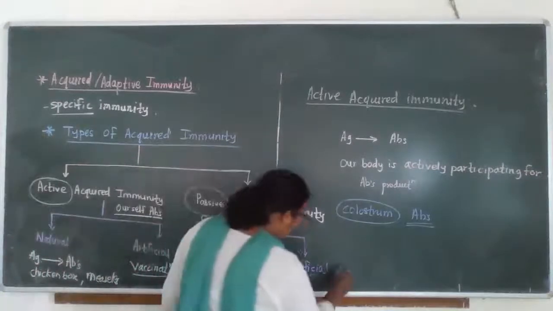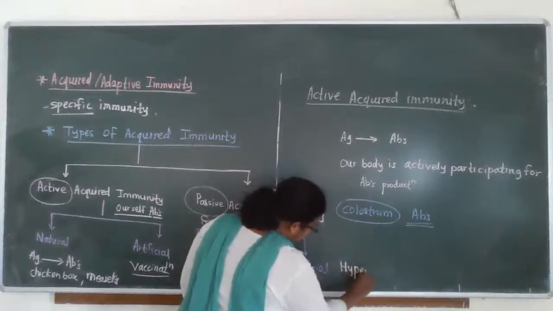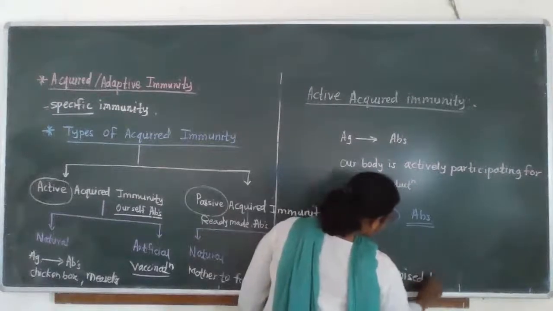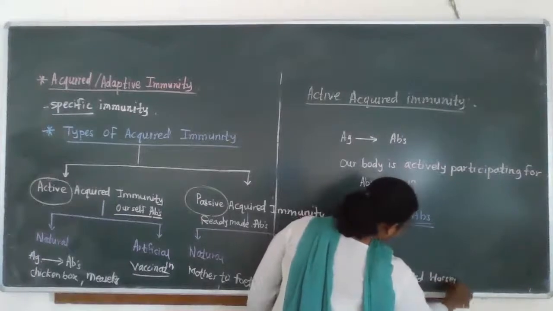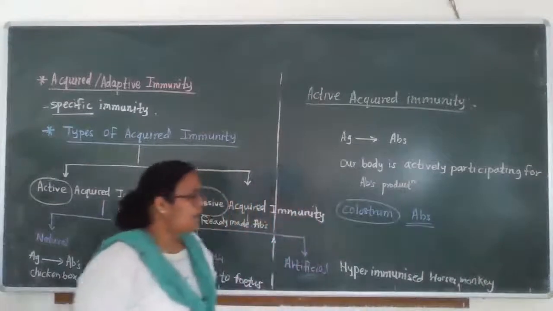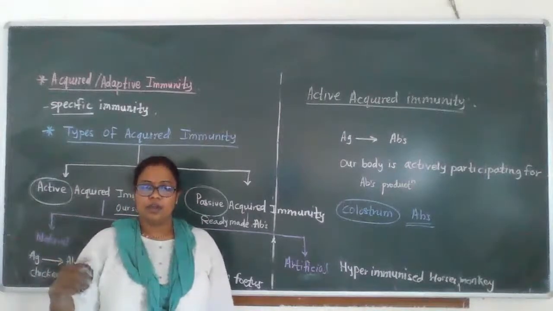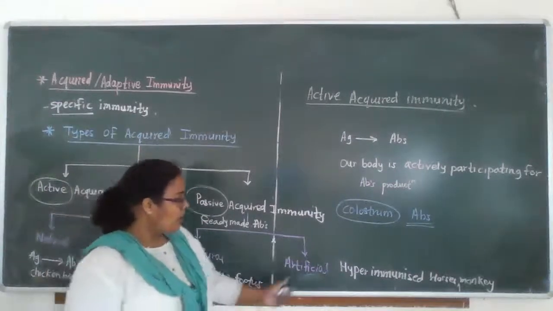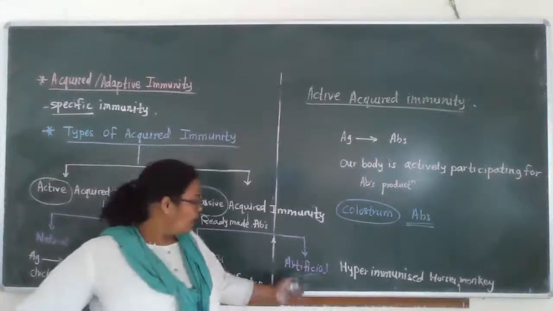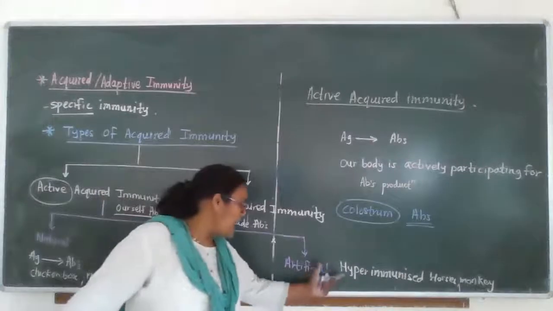So here we are using hyperimmunized horses, monkeys or other animals. From the hyperimmunized horse the blood is taken out, the antibodies are sorted out, and these antibodies are used to inject into another organism. So that is the artificial passive acquired immunity. So what is hyperimmunization?